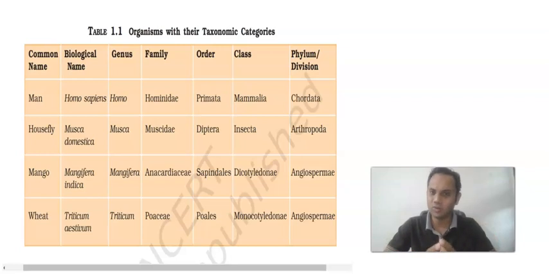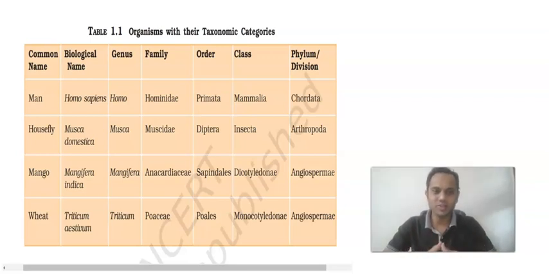Because as we go from species up to the kingdom in the taxonomic hierarchy, the similarities in the characters go on decreasing.